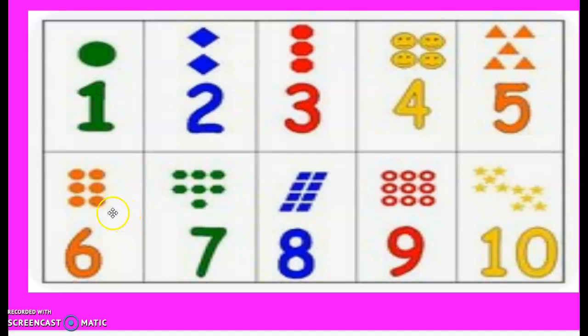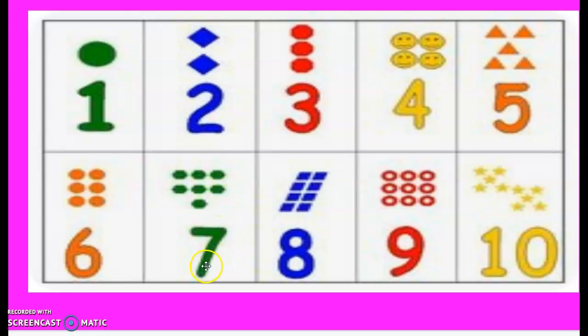Count again. 1, 2, 3, 4, 5, 6. So we will write 6. Come on again. Count. How many objects are these? 1, 2, 3, 4, 5, 6, 7. So we are going to write 7.